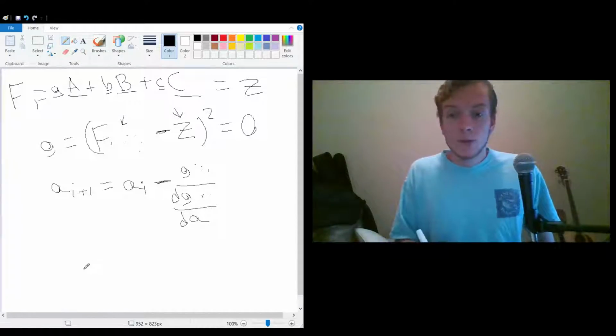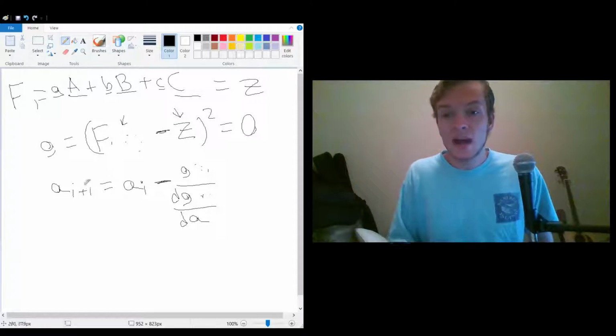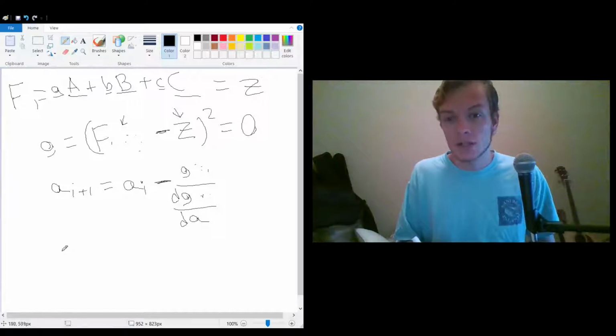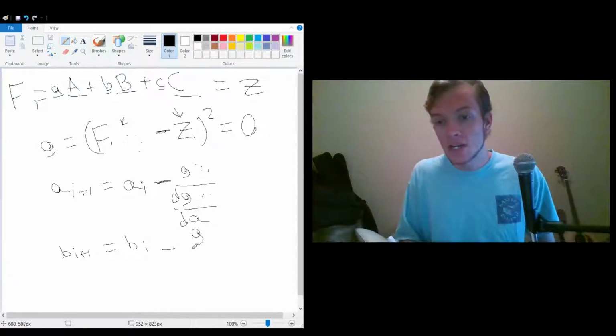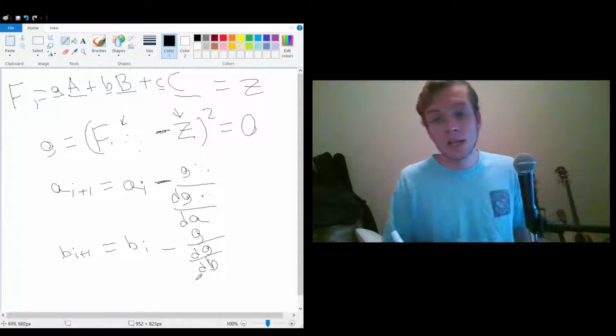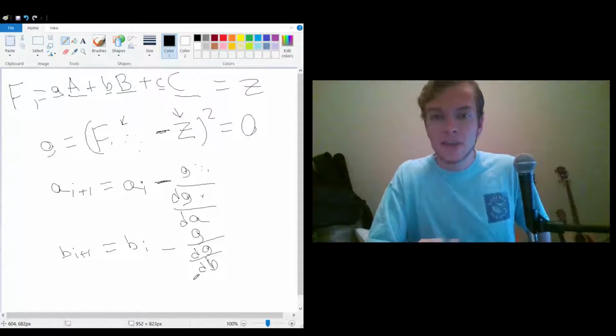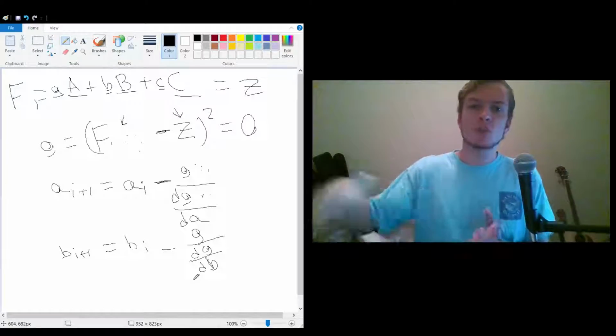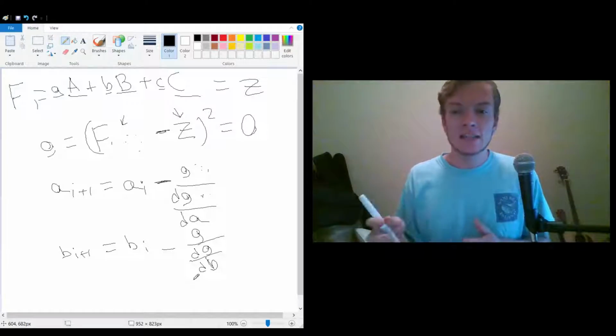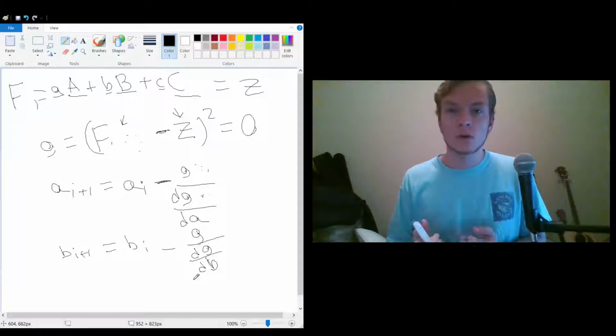And then what we would do after that is, now we have a new a, so we plug that into the next equation, which is b_(i+1) equals b_i minus g over dg with respect to b, because now we're talking about b. The reason I was worried about this was that if you have the exact same equation that's just been rearranged, then it doesn't work for solving equations.